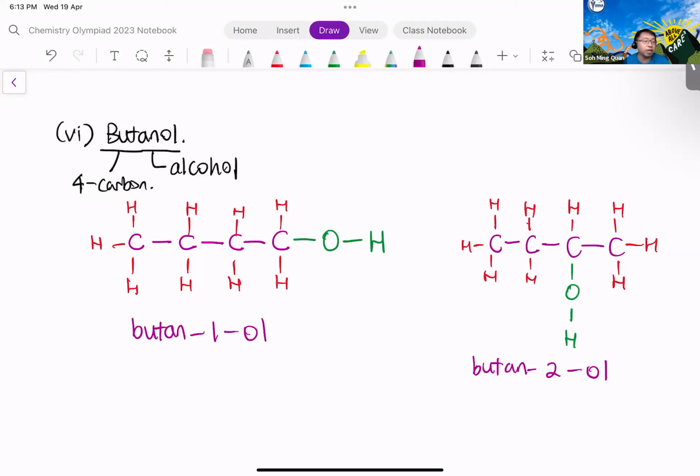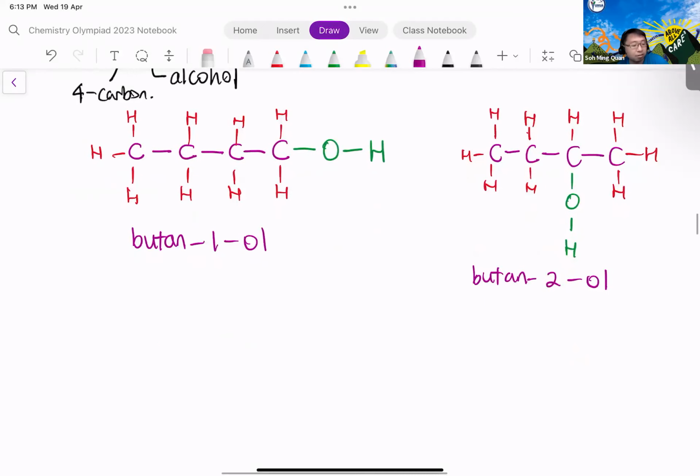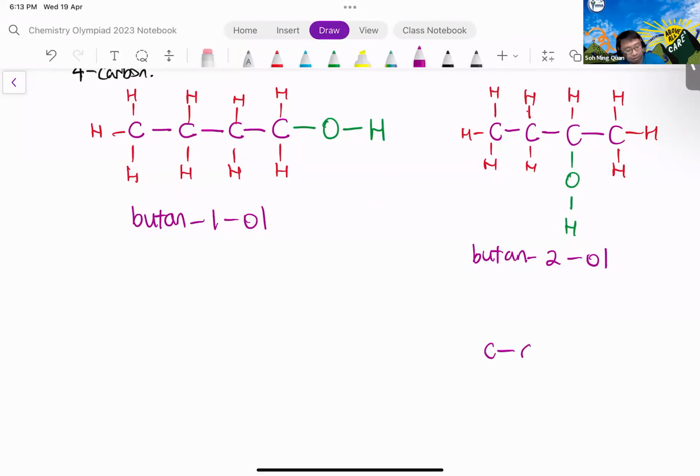Then you'll be like, oh, then can we have butan-3-ol? Can we attach to carbon number 3 instead? Let's try. Put here, right? So again, can we have butan-3-ol? You have to rotate left to right and think.